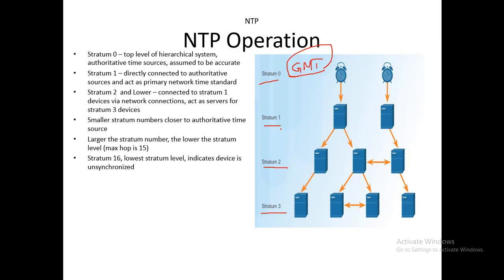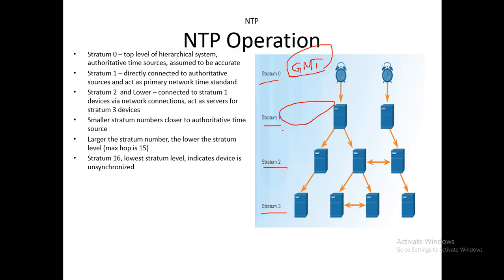The second one is stratum 1, let's say a specific region's time. It is directly connected to that authorized source, and it acts as a primary network time standard.